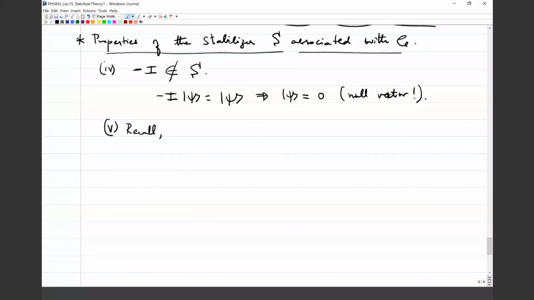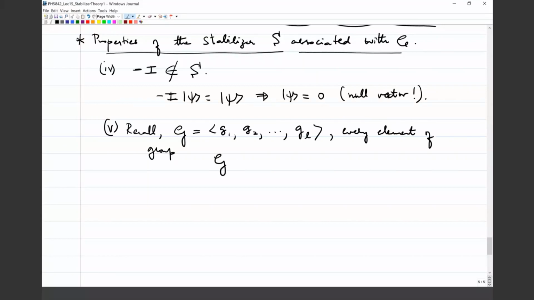So recall that if you have a group G with generators G1, G2, etc., let me say GL, then every element of the group G can be realized as some power of each of these multiplied together, right?